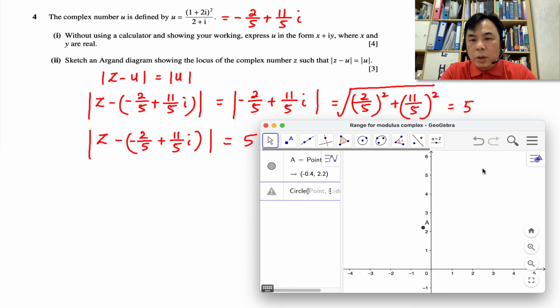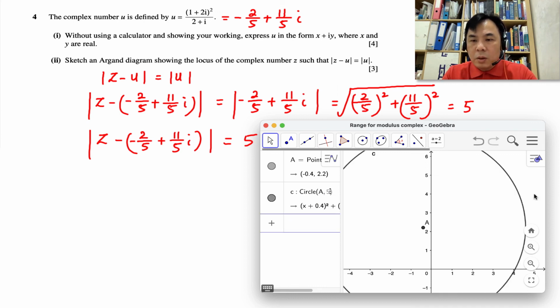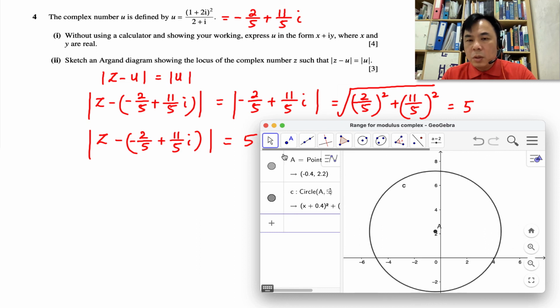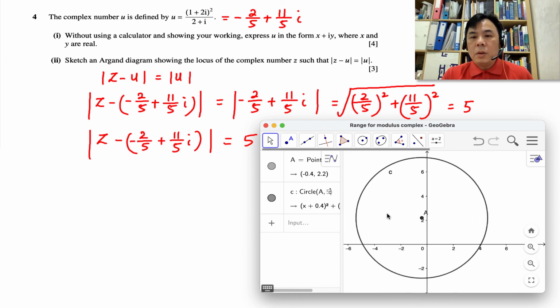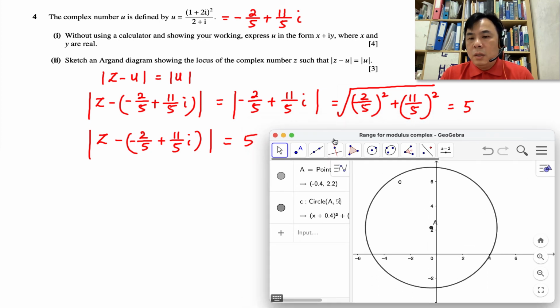Okay, so the point is A. Radius, I know that it comes with a radius of 5 units. And then there you have it. I'm going to make it smaller a bit. Now there you have it. This is a circle locus that is centered at negative 0.4 and 2.2 with a radius of 5 units.